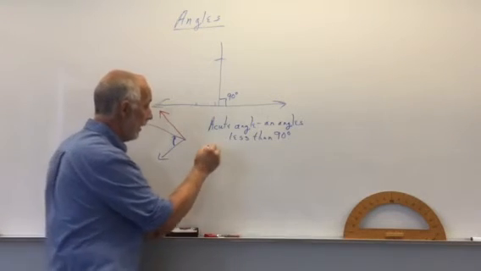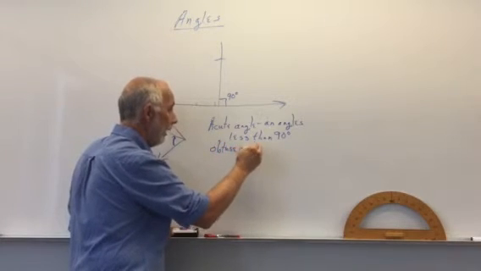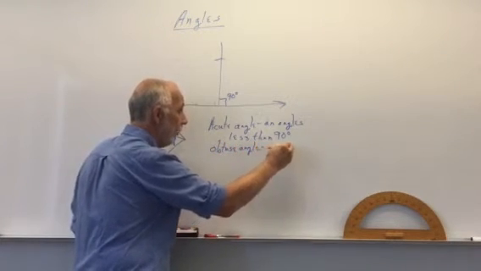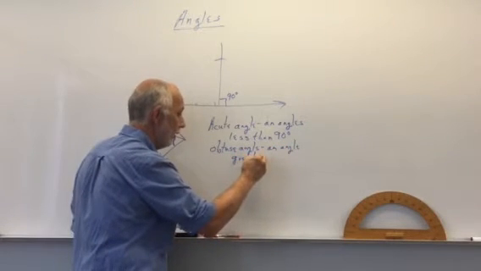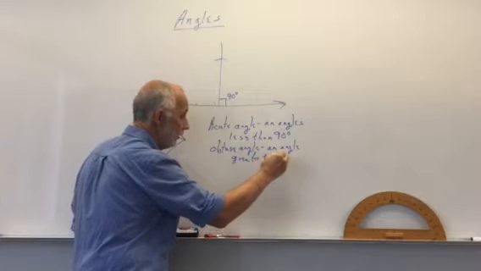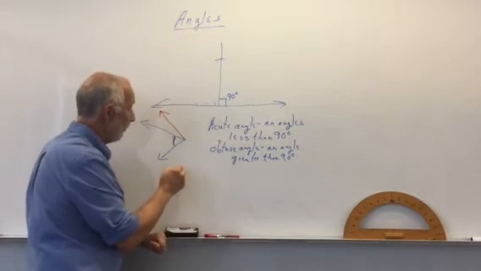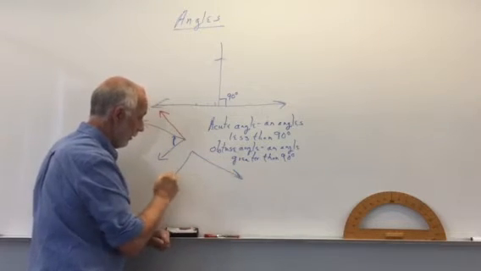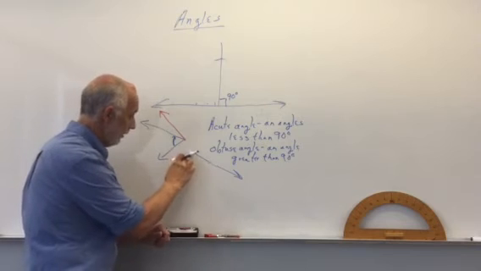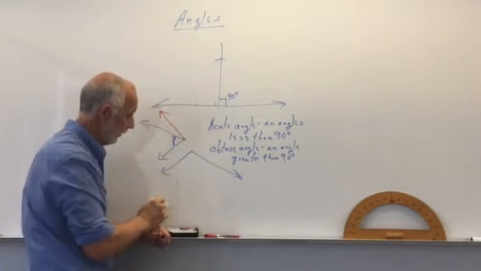Then the second kind you have is an obtuse angle. And an obtuse angle is an angle greater than 90 degrees. And again, that would look something like this. All right, let's make it a little more obvious. Something more like this.